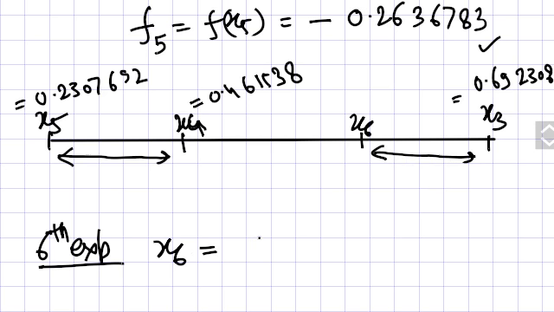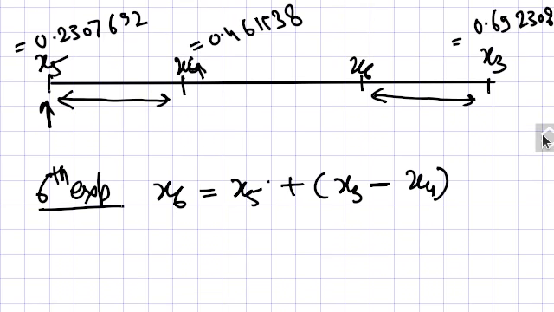And what will be your x6 point? It will be, I mean to say, not 0 but x5, this x5 plus x3 minus x4.